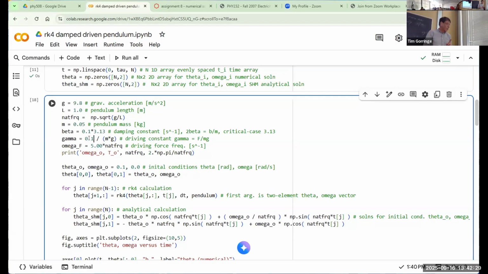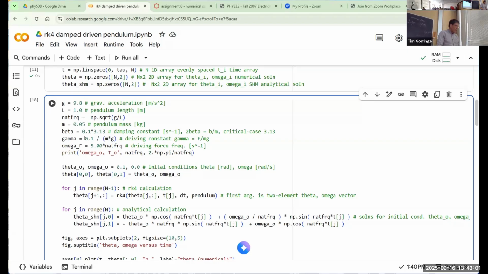This is the driving constant that we defined, which is the driving force divided by the gravitational force. I'm going to set a value of gamma based on a force of 0.1 newtons, from some notes that I made for myself, but I can't read them. So I think that's what I did.